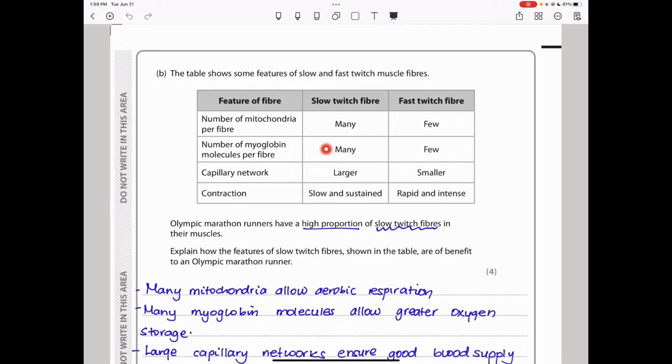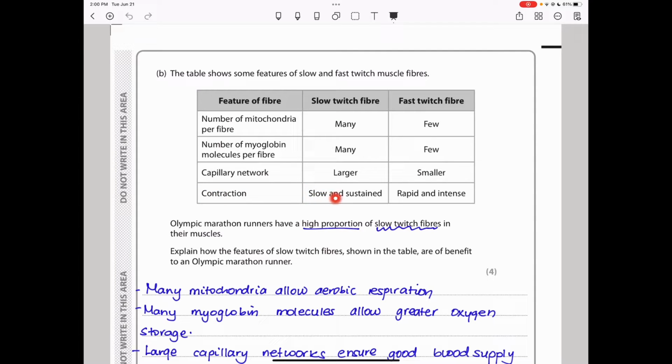We see for slow twitch there is a lot of myoglobin, or many, in comparison to the fast twitch. Again, this tells us a lot of oxygen has to be stored in order for aerobic respiration to be carried out. The capillary network is larger in slow twitch in comparison to the fast twitch, and that tells us that there is a lot of blood that has to be supplied containing oxygen, again for aerobic respiration. And then lastly, they say contraction.